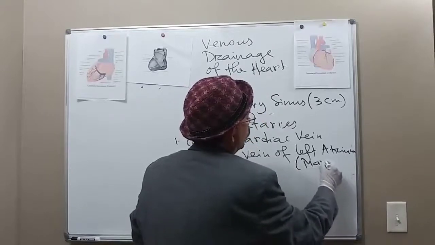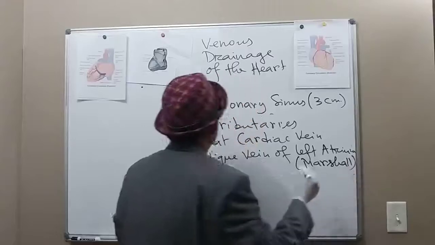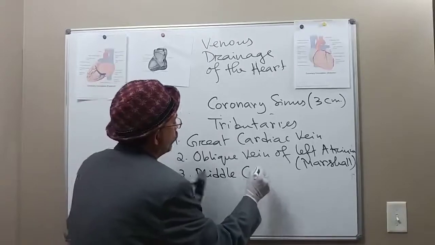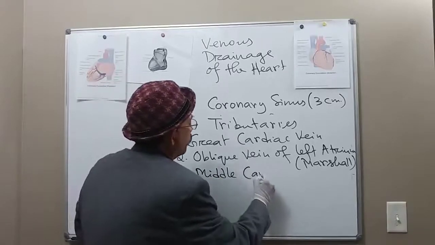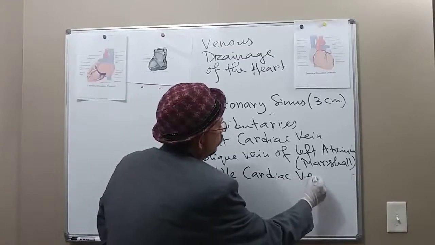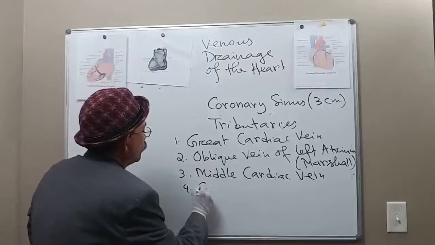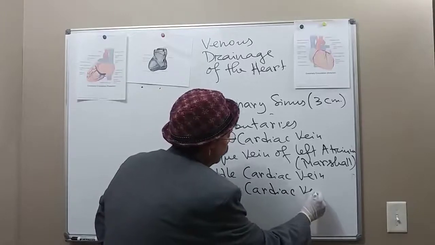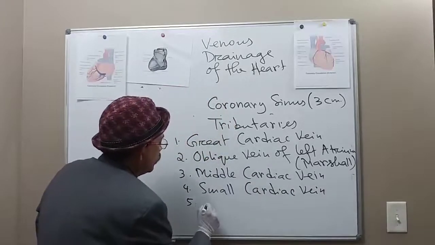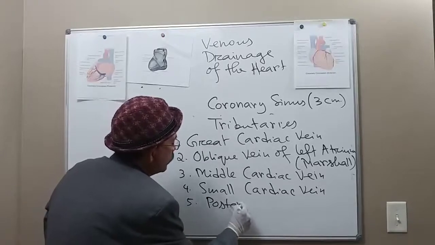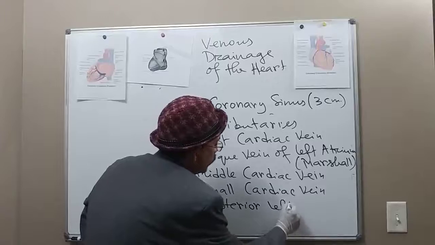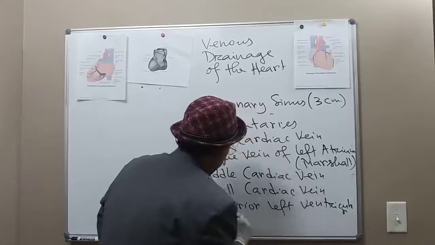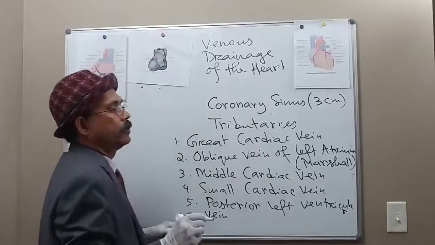We have the middle cardiac vein, the small cardiac vein, then we have the posterior left ventricular vein. Okay, we got that.